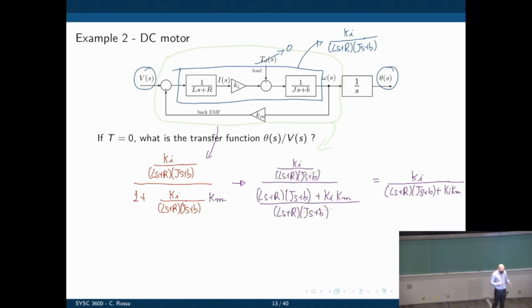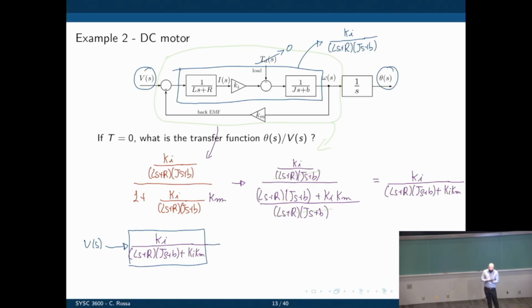Okay. Now let's not lose track of what we are doing. Let's go back to the simulation diagram and rewrite that with the simplifications we established so far. So we have V of s going in. We eliminated the feedback loop, and the entire feedback loop now becomes the function we just calculated. All right.